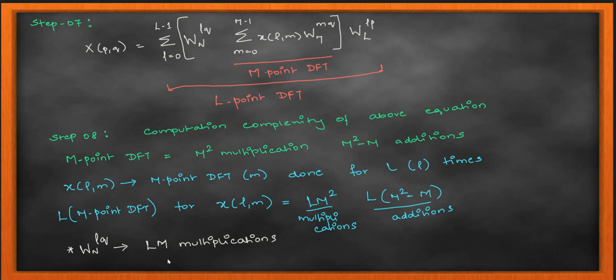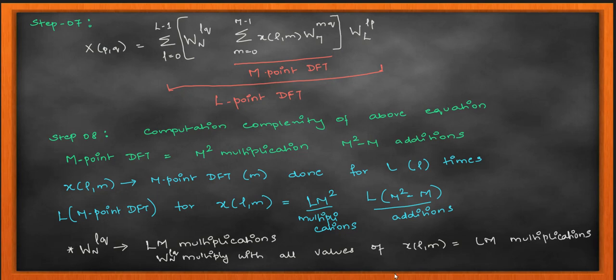It is multiplying with each element of the M point DFT, which is computed L times. So it is just LM multiplications. It will add to your computation steps, because it is multiplying with all values of x of L comma M.